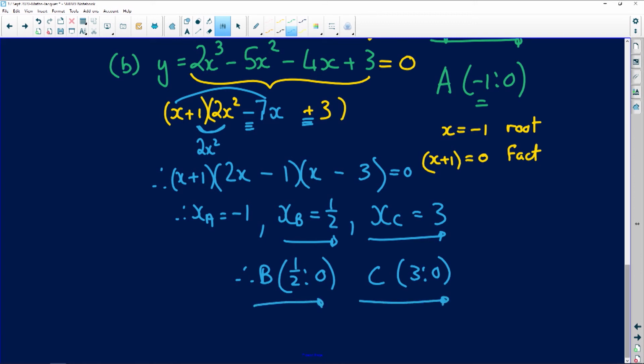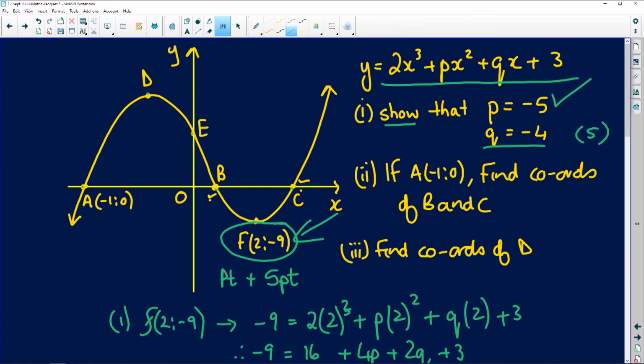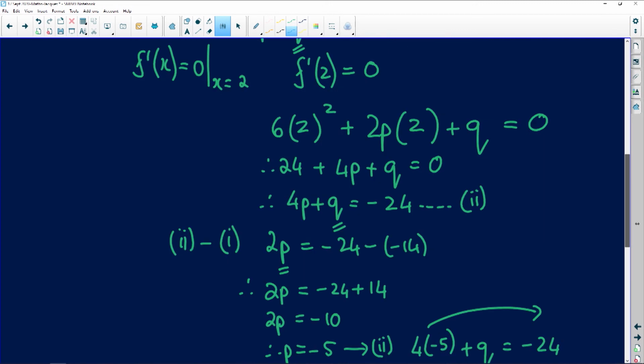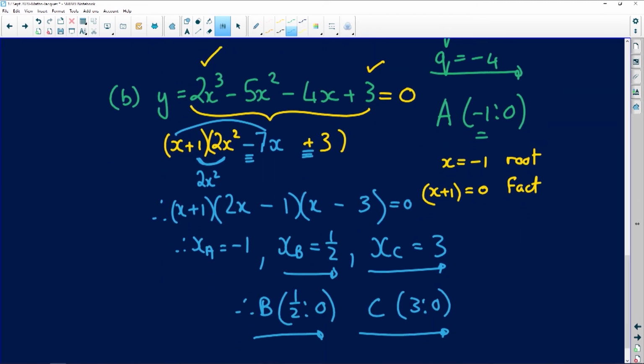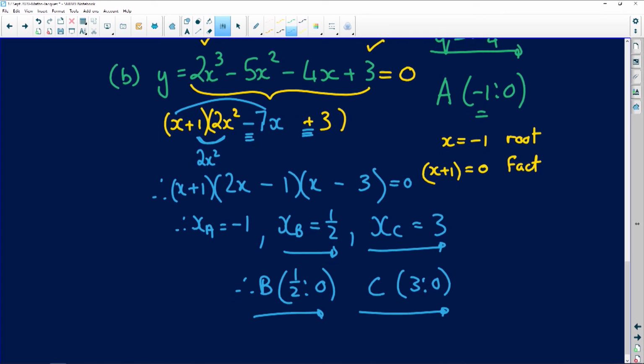Okay, then they ask us one final question. They say, find the coordinates of this stationary point up there, the point D. Now we know that dy/dx is 0 at the stationary point over here. So we go back to our function and we differentiate it and make it equal to 0. Let me just get us some space here.